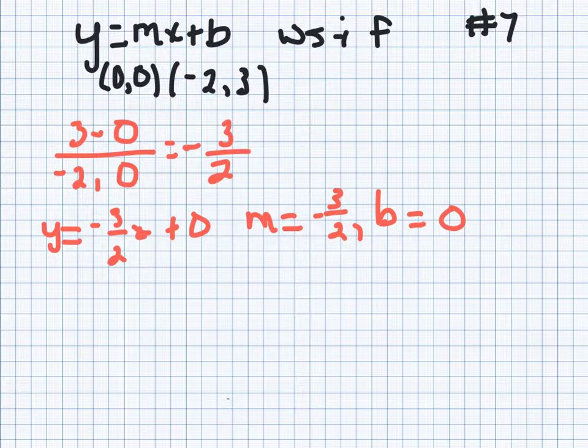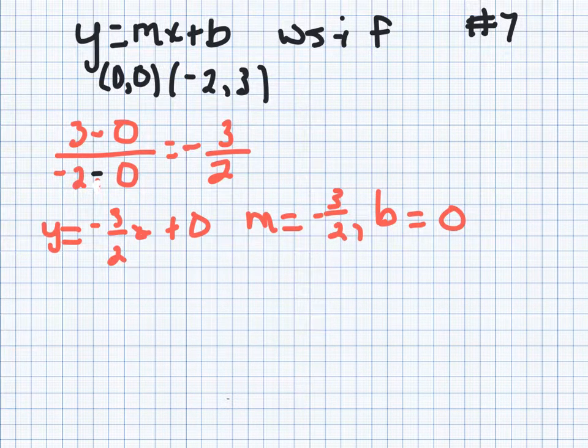This is box number 7 on the bottom of the page there. Y equals mx plus b. I write it in slope-intercept form. Okay, these are my coordinates, 0, 0, and -2, 3. 3 minus 0 over -2 minus 0. That should be a minus and not a comma there.